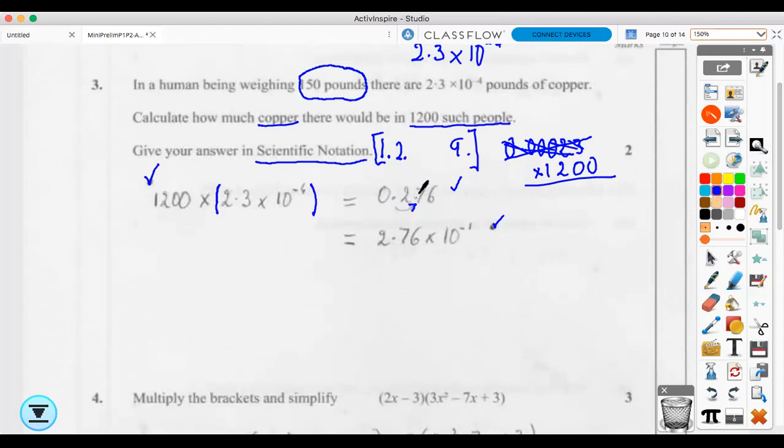If you had come up with, I don't know, 52.359 and you tell me it's 5.2359 times 10 to the 1, you would still get a mark because I'm giving the mark for the proper scientific notation. So even if you didn't get the start, you can still get 50%.